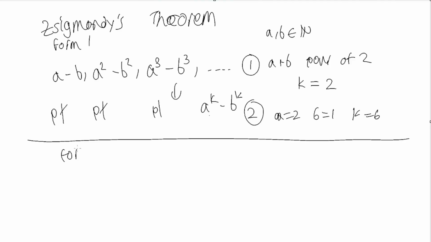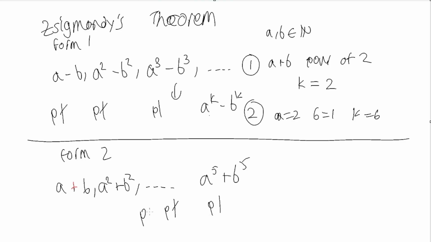Then we have form 2 of it, which states that if we look at a plus b, and then a squared plus b squared, and so on and so forth, then we again have this primitive prime divisor thing. So if we have a to the 5th plus b to the 5th there, p divides it, but p does not divide any of the earlier ones.